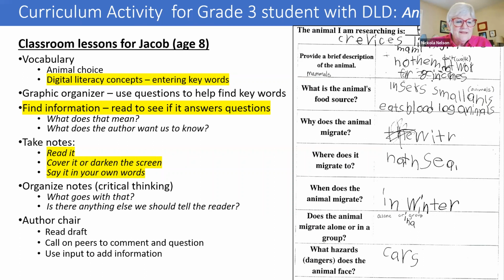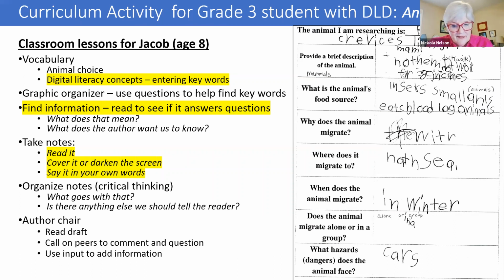So the classroom lessons for him included vocabulary, making an animal choice, and then searching on the computer, entering keywords that would help him answer the questions on his organizing sheet, being able to find information on the computer and read to see if it answers his questions, to be able to take notes.